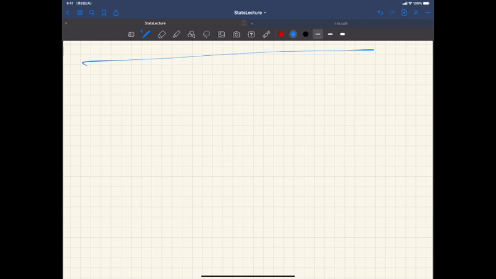In hypothesis testing, or test of significance, we assume some hypothesis.